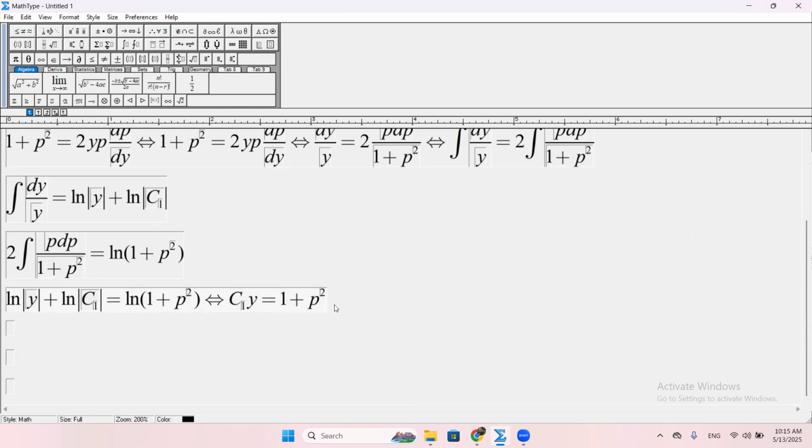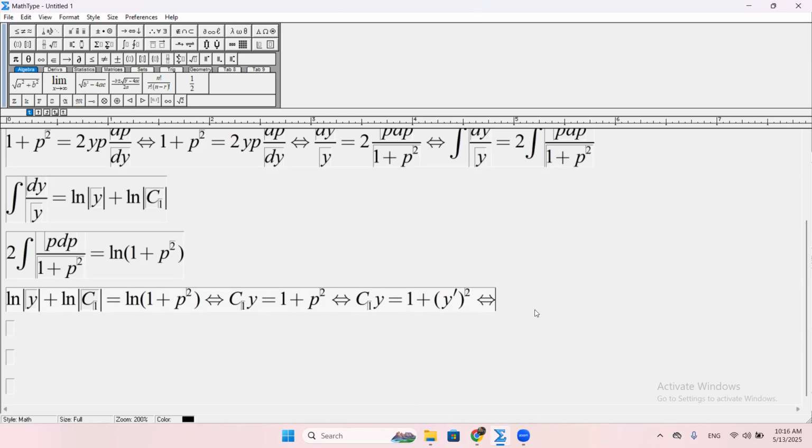Then what do we actually have? So we will have, substituting y prime instead of p. And now we can separate variables.